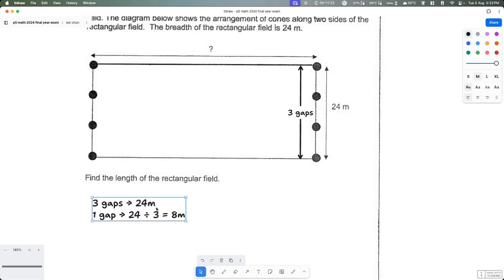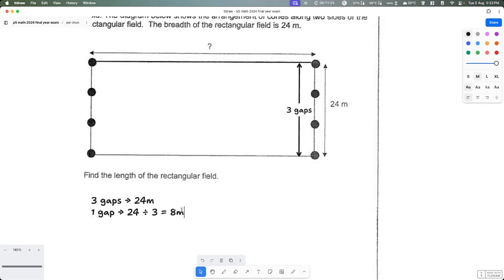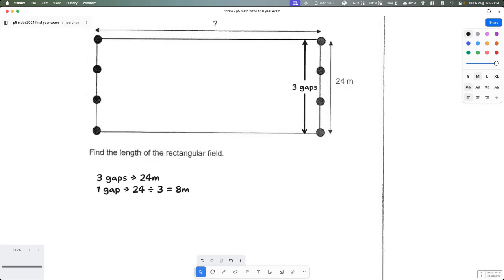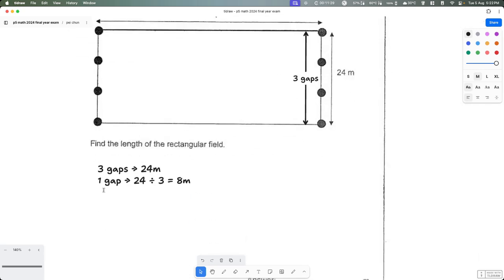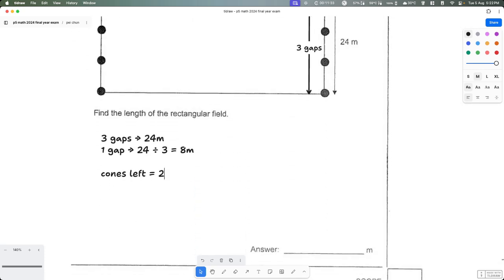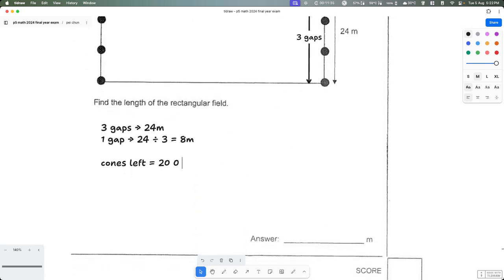Now we know one gap is 8 meters. Since we have 4 and 4 cones used, 20 minus 4 minus 4 is equal to 12 cones left.